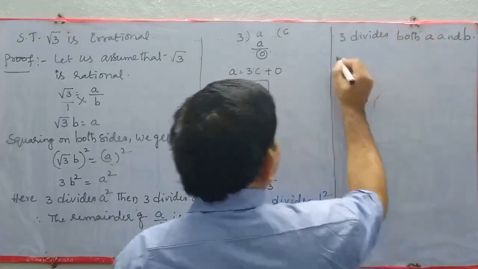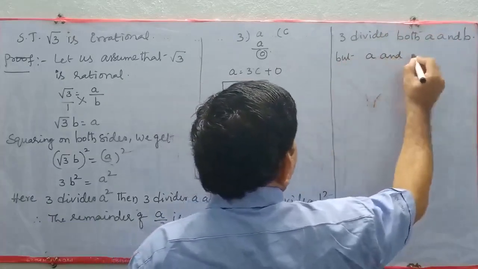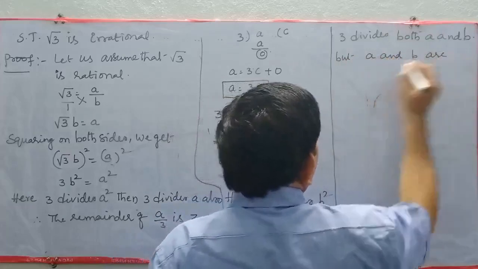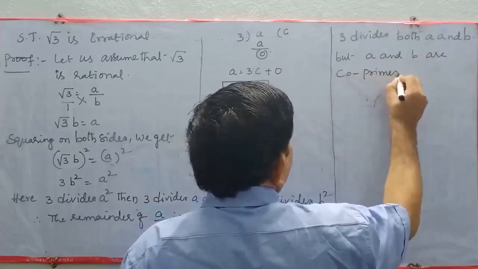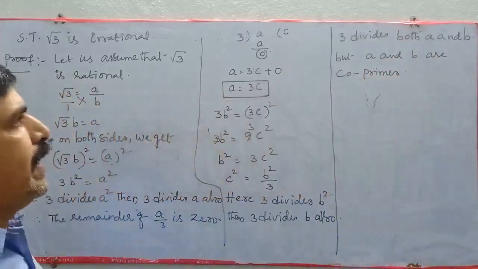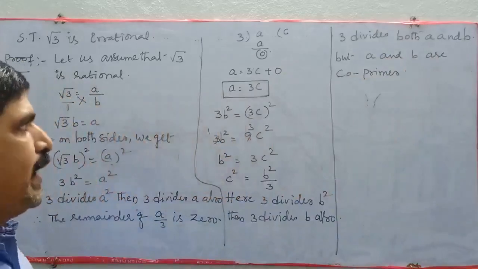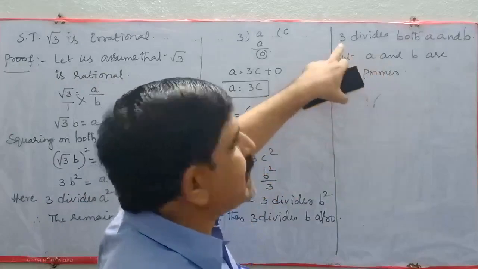But a and b are co-primes. The HCF of a and b is 1, but the minimum common factor of a and b is 3 here.